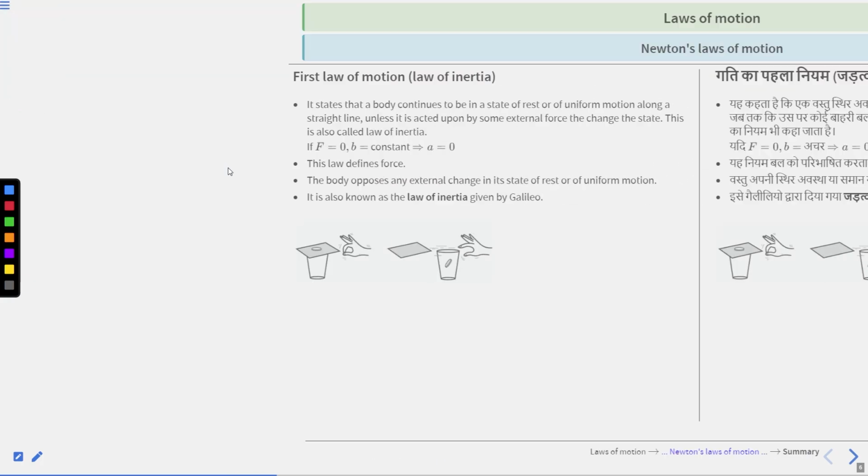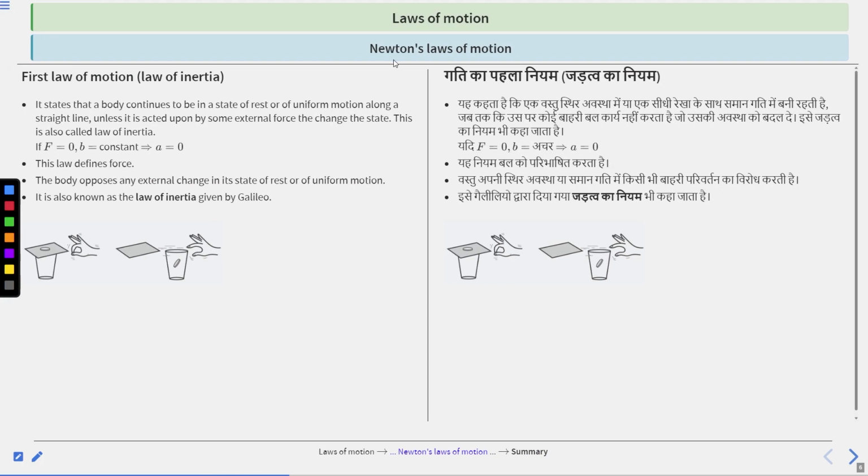Next is Newton's law of motion. First law of motion, or we can say law of inertia. So Newton's first law of motion is also called the law of inertia. So what is the definition?